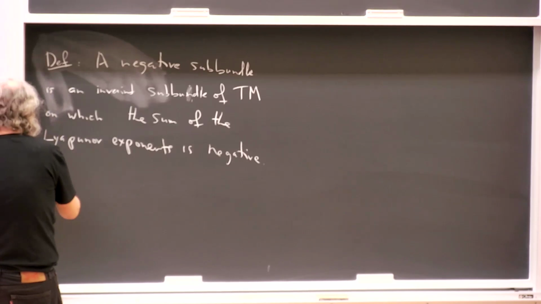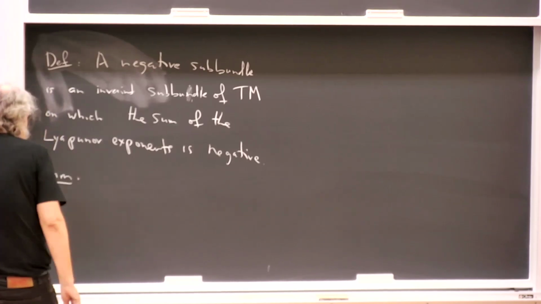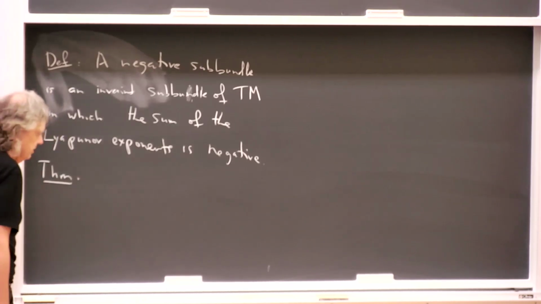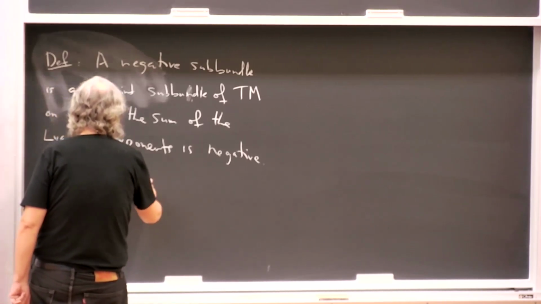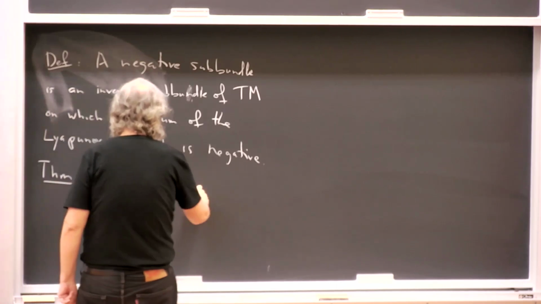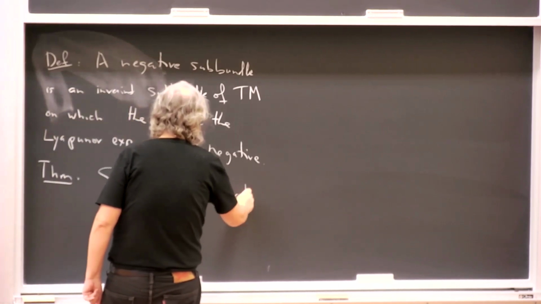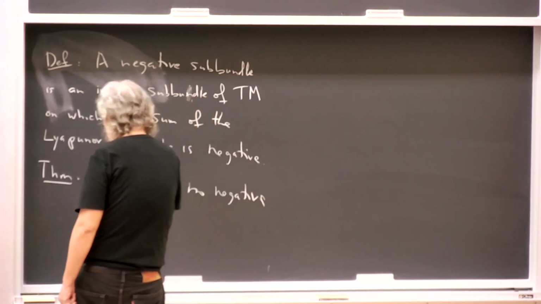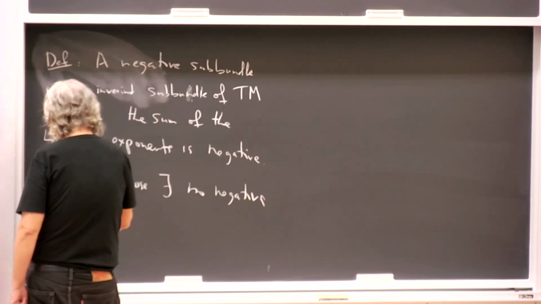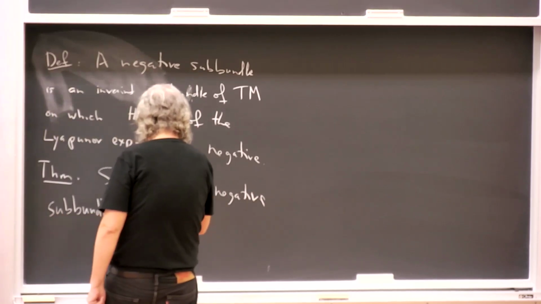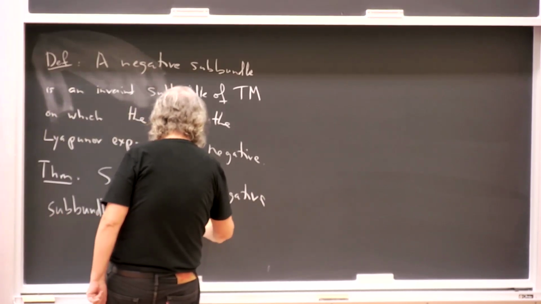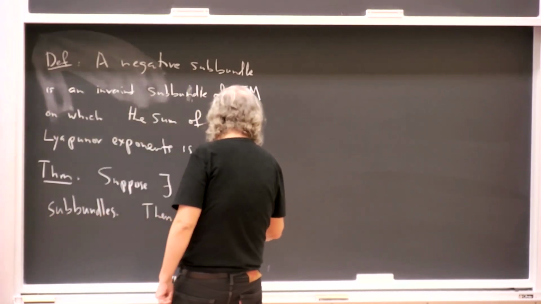And so now the theorem is that, suppose there exist no negative subbundles, then any stationary measure is invariant.